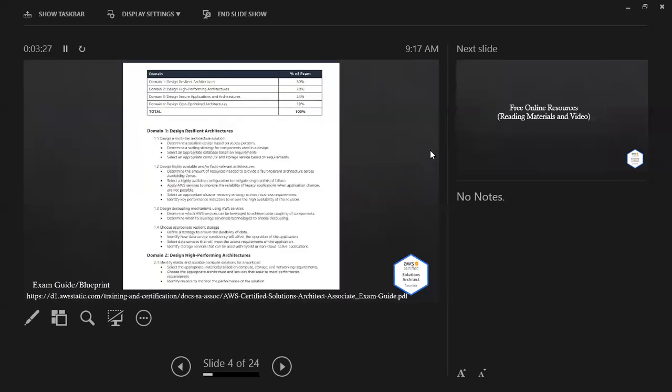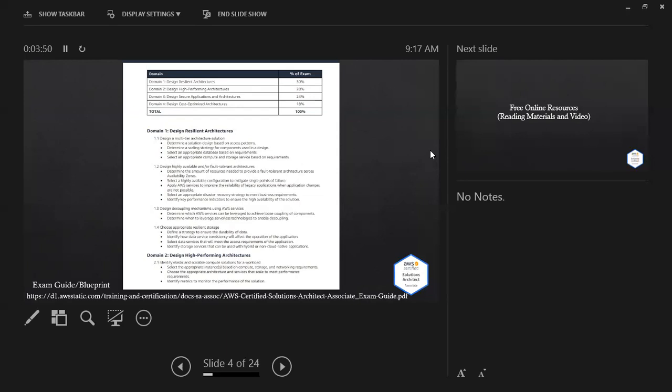So the first thing you need to do, before even getting your hands on any materials, is to get the blueprint of the exam. For every examination I've done, the first thing I always look out for is the blueprint. In the blueprint, you have the areas of focus you need to give attention to.